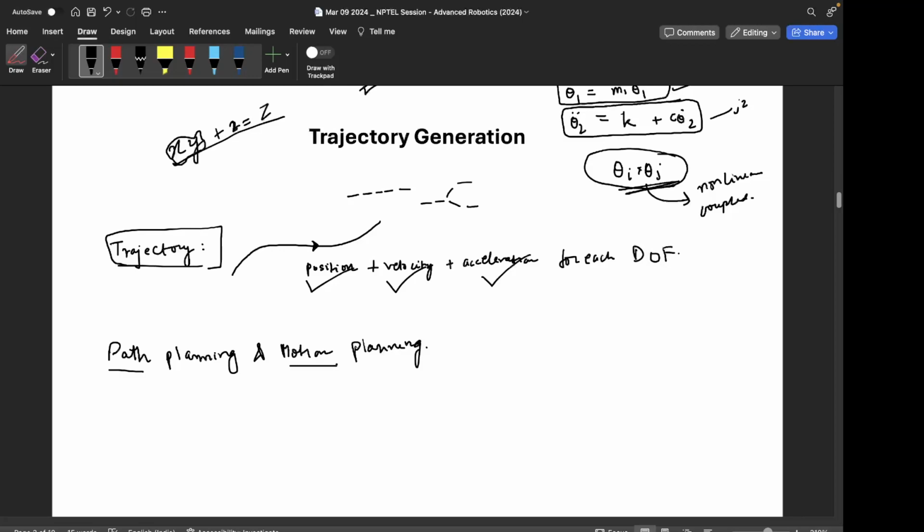So I won't say that catching a ball is motion planning and picking and placing is only path planning, just categorizing them separately. I won't describe it like that.